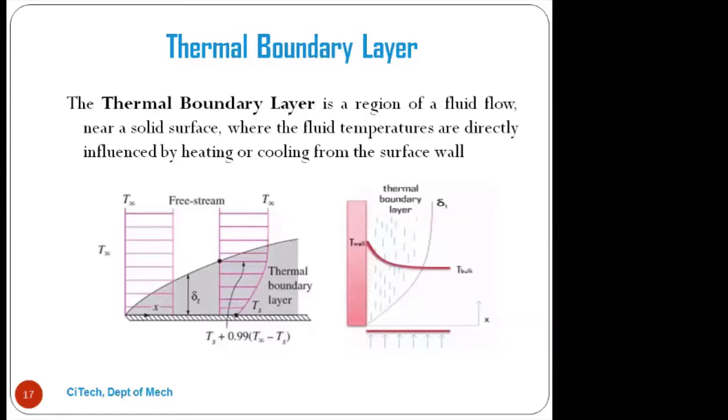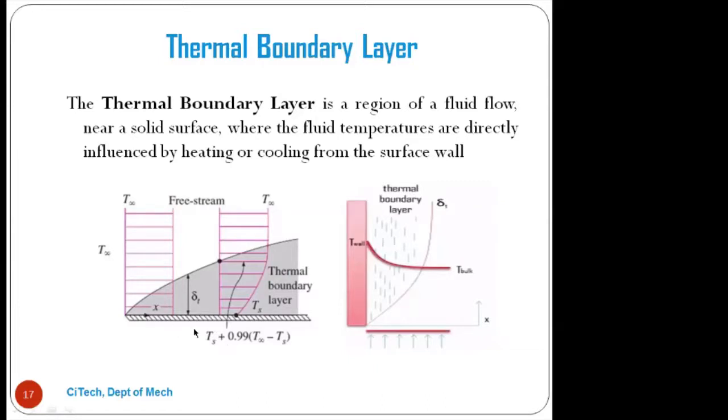Similarly here, the fluid is flowing from the leading edge to the trailing edge with the free-stream temperature T infinity. The fluid, which may be liquid or gas, is at an initial temperature, the free-stream temperature T infinity, over the plate.